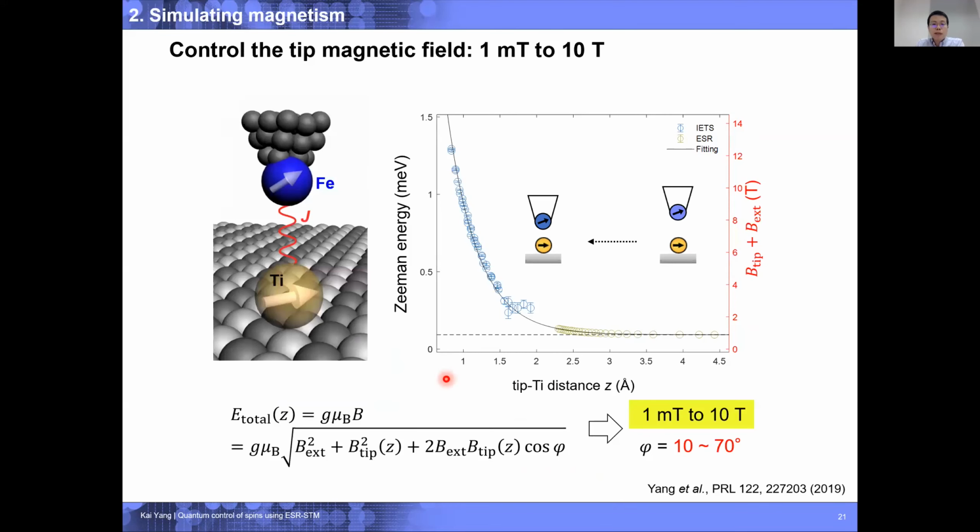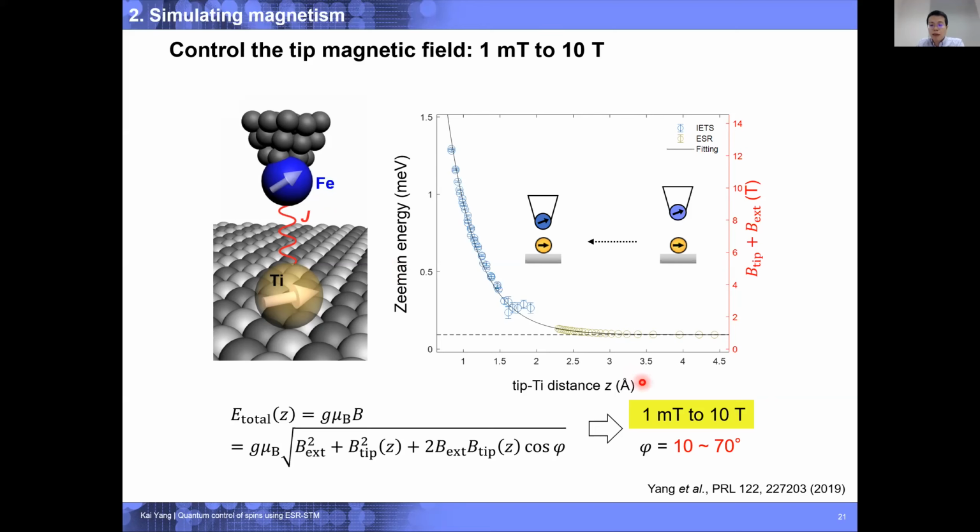So in addition to studying the interactions between the surface spins, we can also probe the interaction between a surface spin and the magnetic tip. This magnetic interaction can produce an effective tip magnetic field applied on the titanium atom. We can characterize this tip magnetic field by measuring the ESR frequency shift as a function of the tip height.